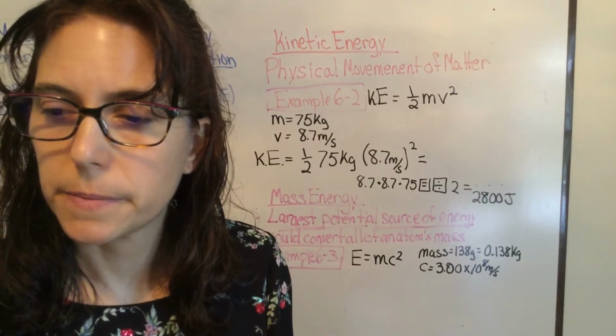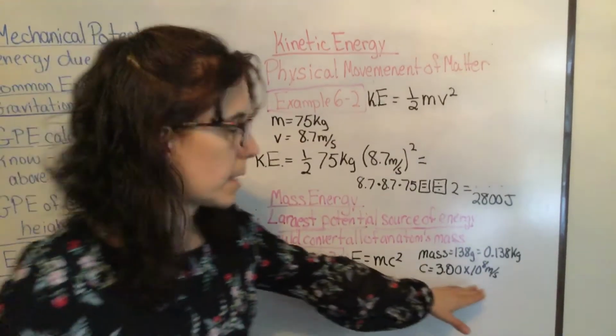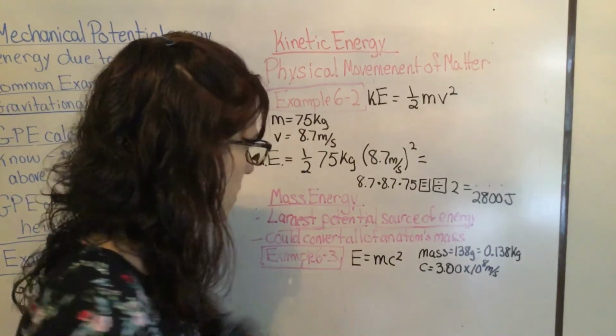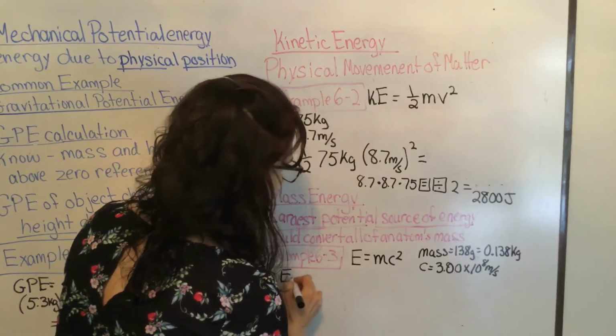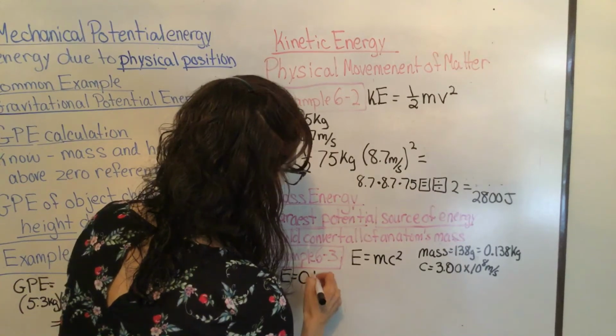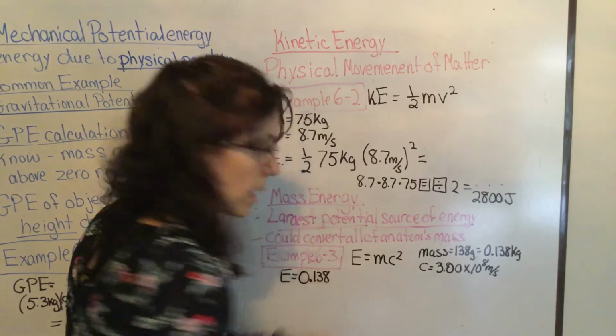All right, so here's where you need to get really good at using your calculator. We're going to take the mass in kilograms. Energy equals 0.138, and I hope you're doing this on your calculator.